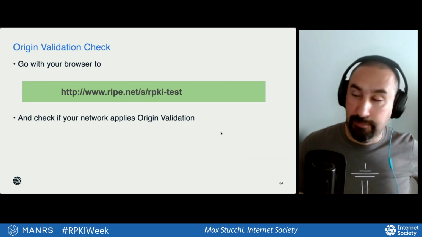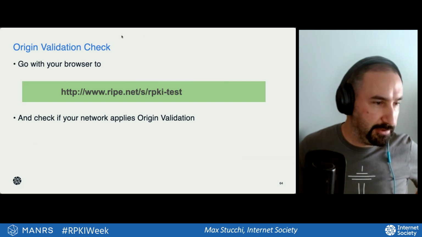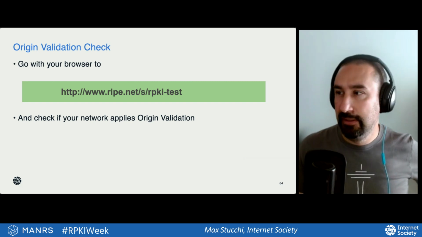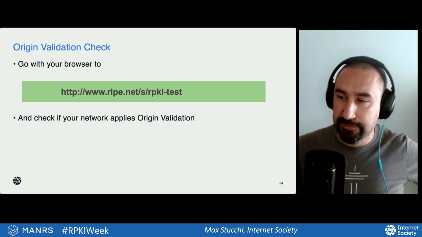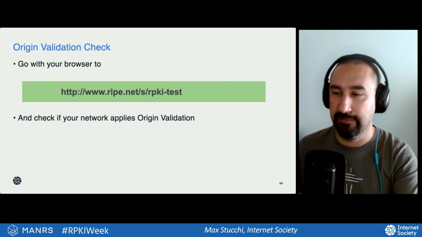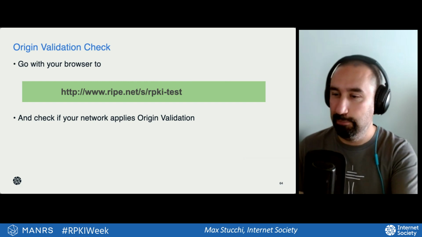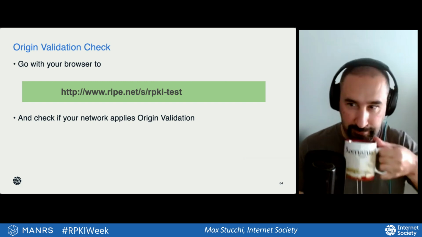And it does it in a simple way. Let's see if you can imagine how you can do that. Imagine you have a browser and you want to verify that the network is doing origin validation. How would you do that? Let's see if anyone would like to take this up and give an explanation.